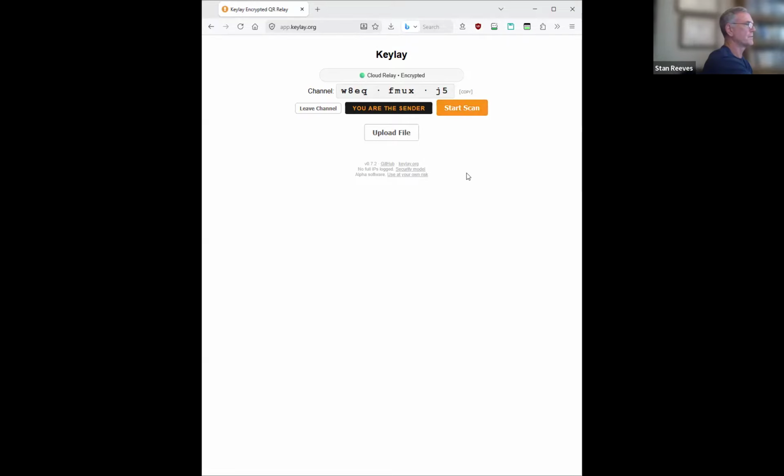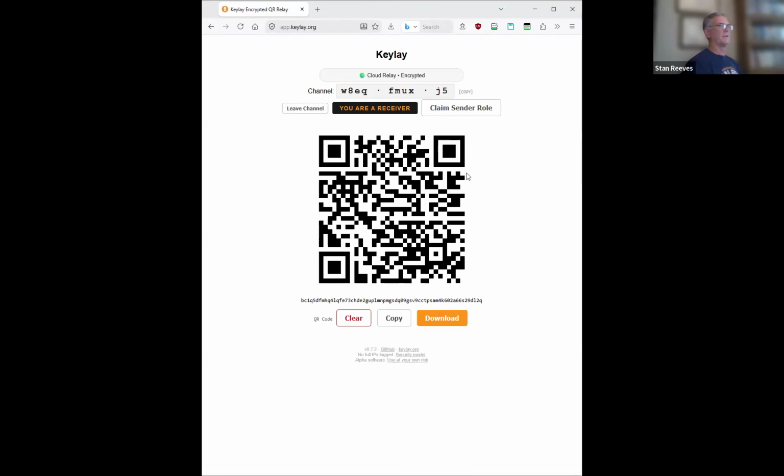So I'm going to do that on the other side, and basically instantly it picks up the QR code and sends it here.